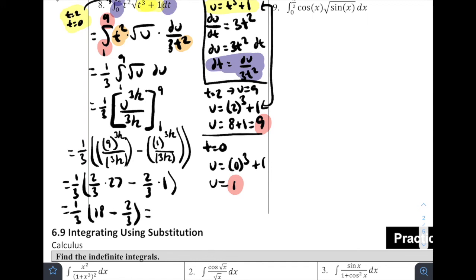If we distribute the 1/3 times the 18, that's going to be 6 minus 2 over 9. So that's going to be 5 and 7/9, or 52/9 if we want to put it as an improper fraction.